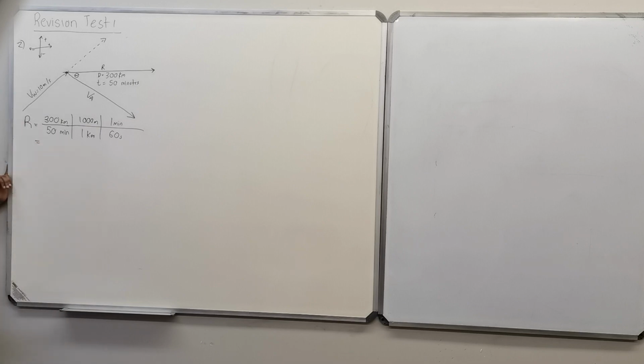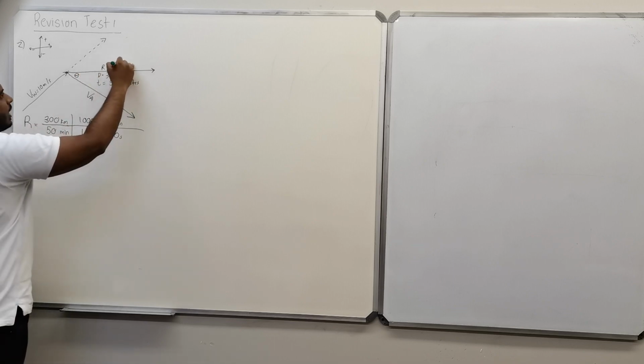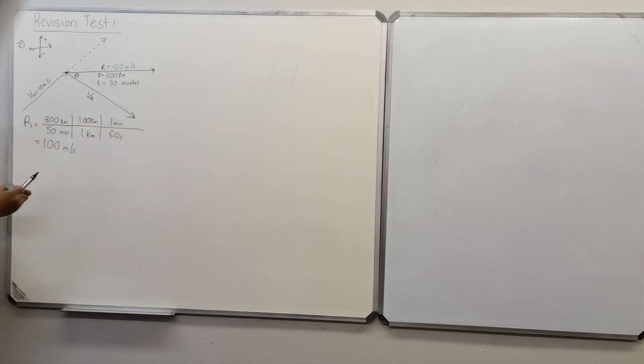So this is 300 times 1,000 all over 50 times 60. So this is 100 meters per second. We okay with that? So I'm just going to write it here: this is equal to 100 meters per second. How many marks for that? It's one. It's just a conversion. It's a free one.